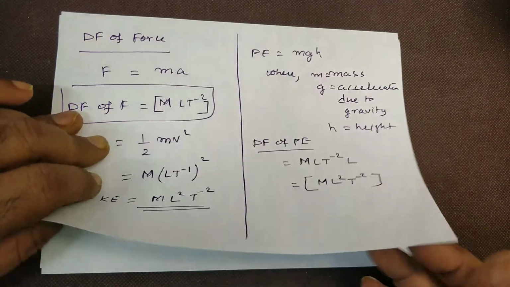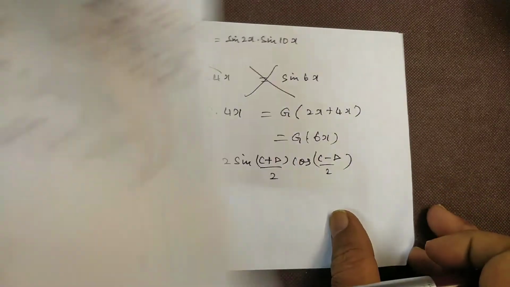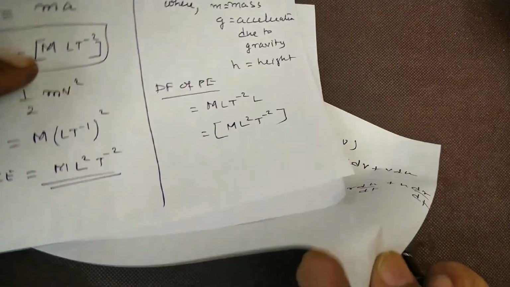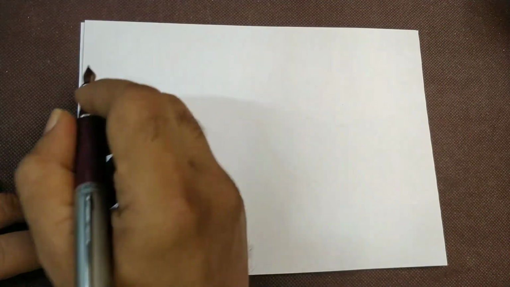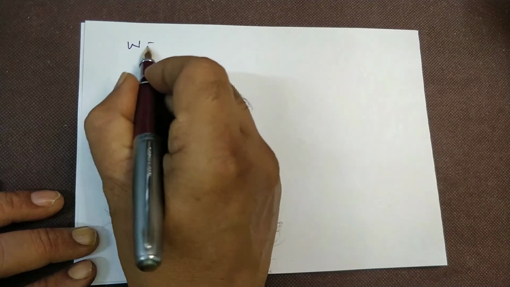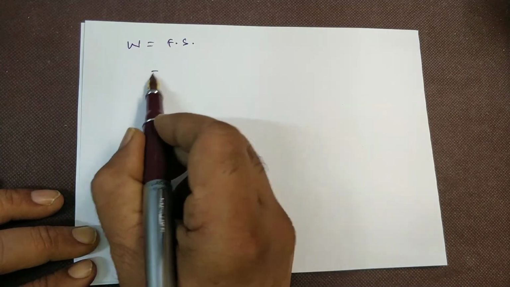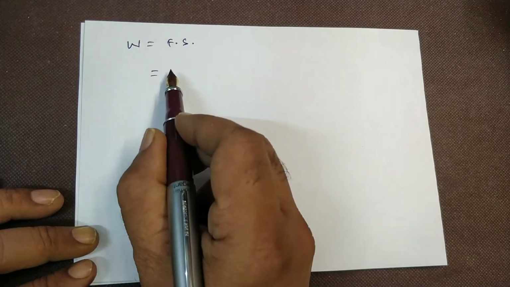Power is rate of doing the work, and work is force into displacement. Work is force into displacement. So force we already know.